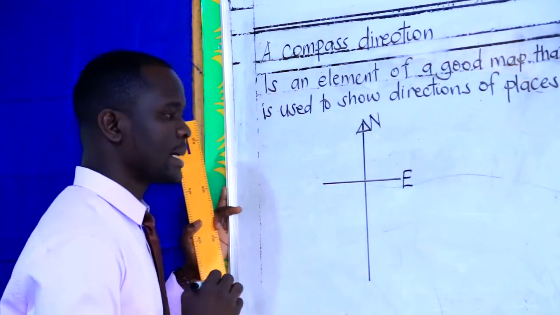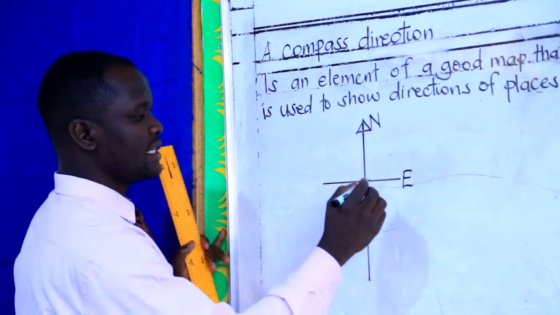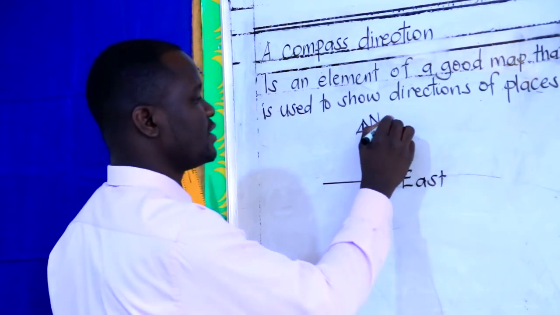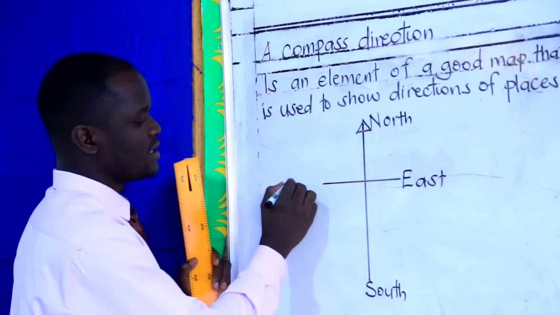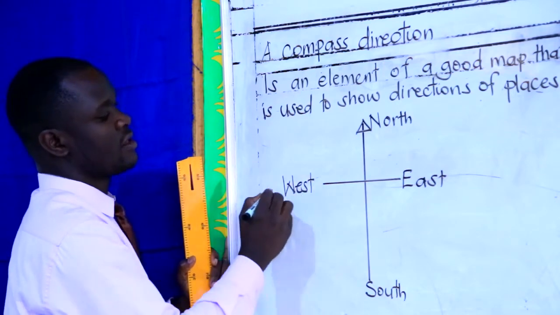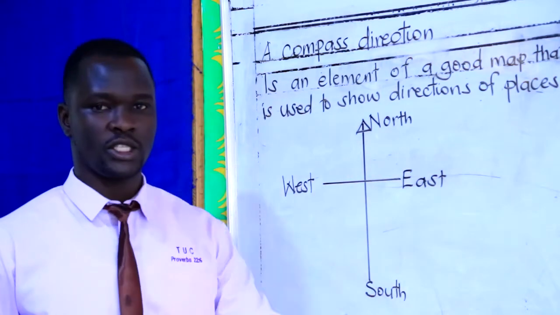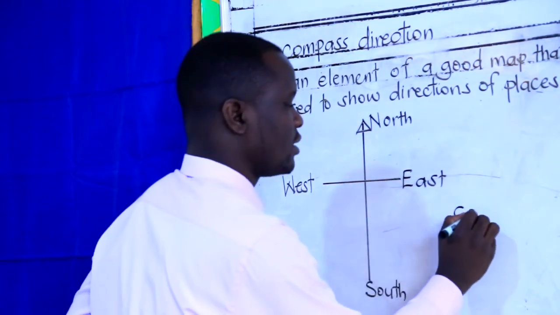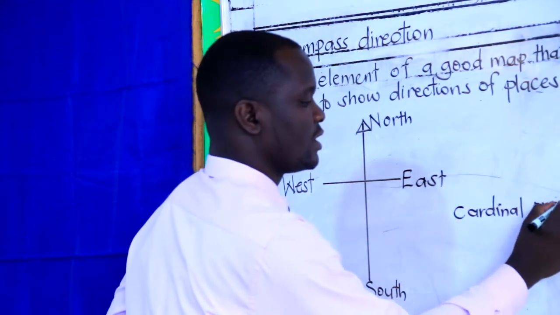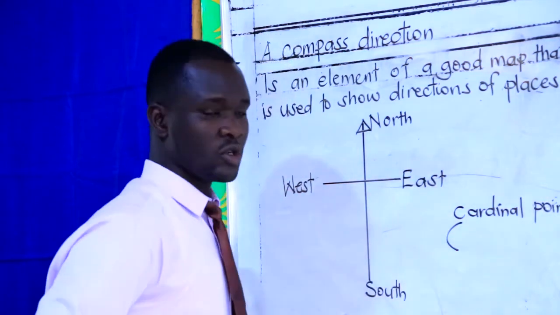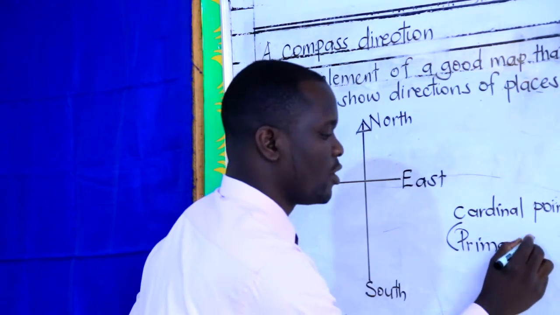Now, this compass has the compass directions that will help us understand. We have here east. We represent it with capital letter E, to mean east. Here is north. This is south. And this one is the west. So these are the major 4 compass directions that we call cardinal points. I know you must have learned about this in primary 3. Another name for cardinal points is primary points.